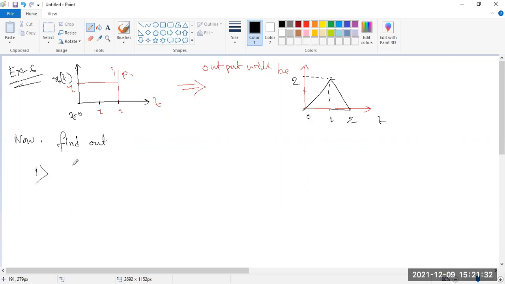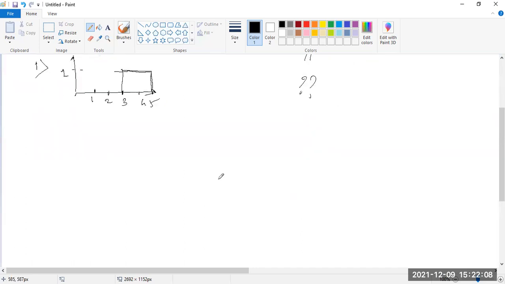You have to find out, if the input is 1, 2, 3, 4, 5, 1, 2, 3, 3, 4, 5, and 1, if this type of signal is given to you, then what will be the output, okay.